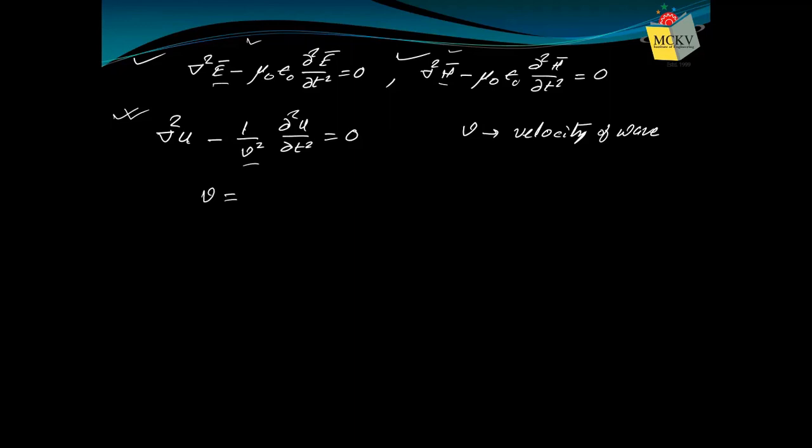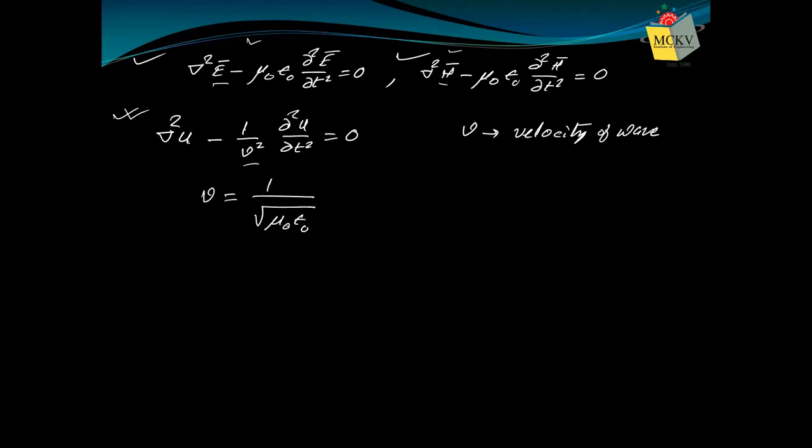Then V is nothing but 1 by root over mu naught epsilon naught. Now, check it. If I compare the general wave equation with the equations we have obtained, this is the thing we get.